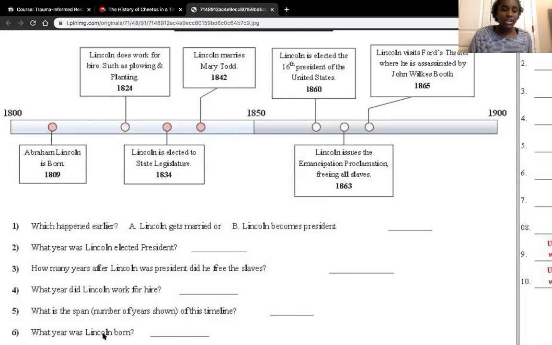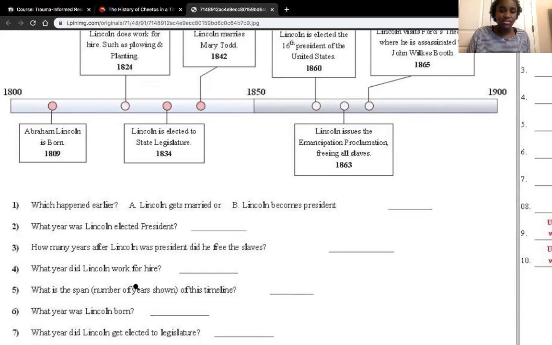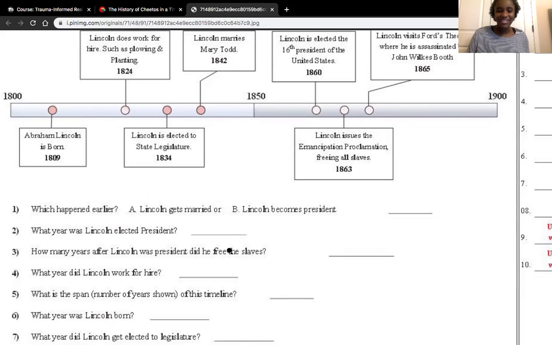Okay? What year was Lincoln born? Again, you can kind of guesstimate, but it has the year on here, 1809. What year did Lincoln get elected to legislator? I want to make y'all figure that one out by yourself because I hope you can read. You can read, and y'all are so smart.